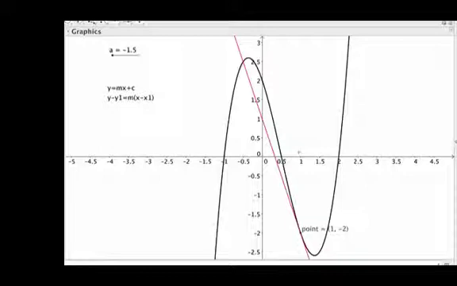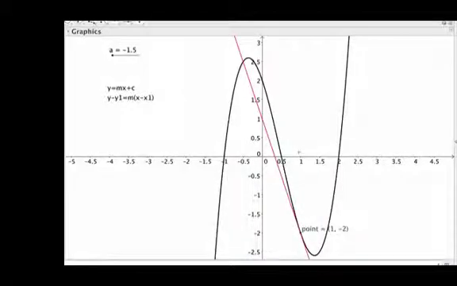Now we use our knowledge of straight lines to find the equation of this tangent. Wait a minute, aren't we missing something? Sure, we've got one of the points the line passes through, (1, -2). But it would be nice to know the gradient, wouldn't it, if we want to find the equation of the line. Then we could use the second of our straight line equations here and quickly find the equation of the tangent.